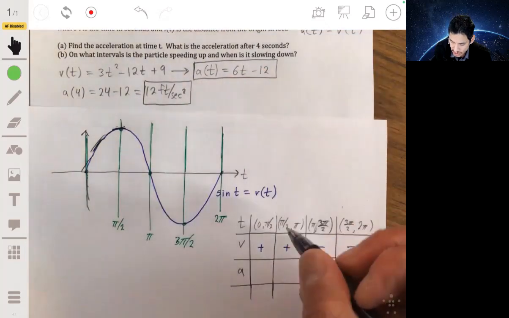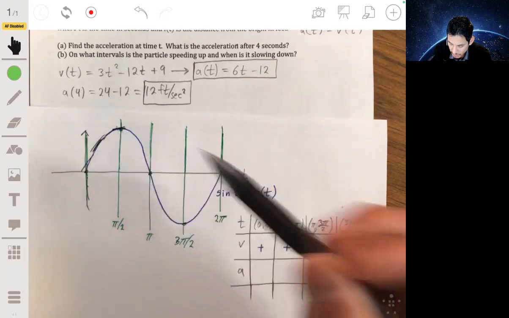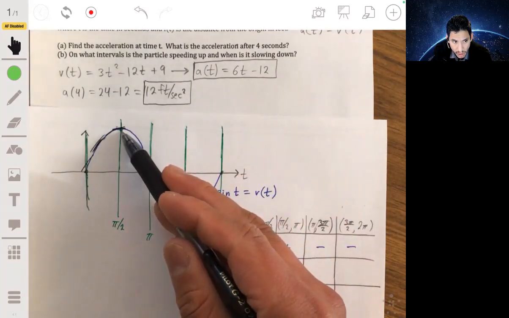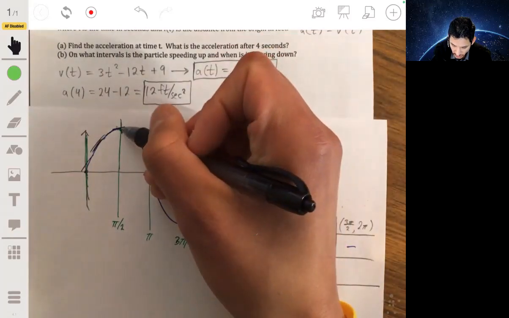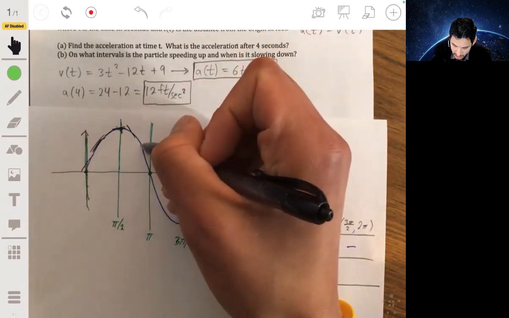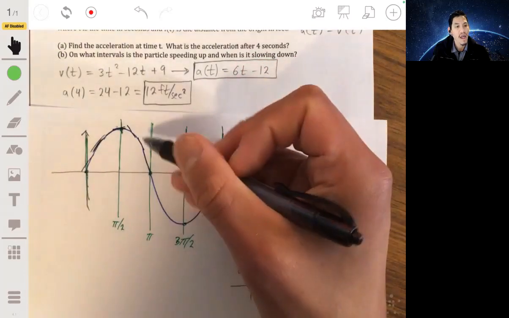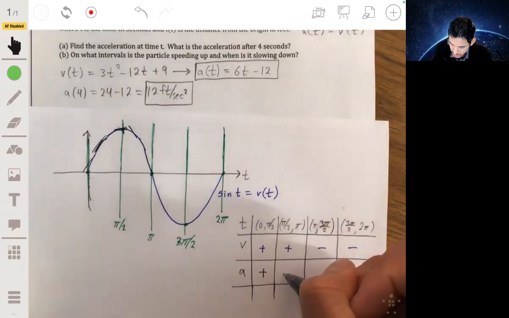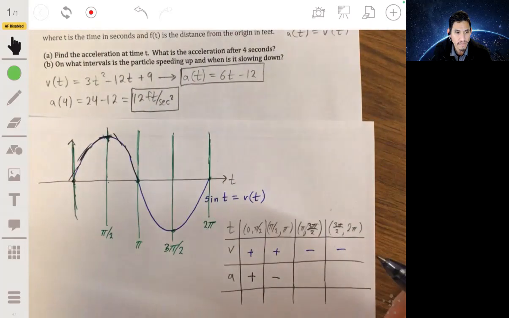So the acceleration is positive up to pi over 2. But at pi over 2, after sine reaches a local max, the slope of the tangents in this interval are all negative. So acceleration becomes negative from pi over 2 to pi.